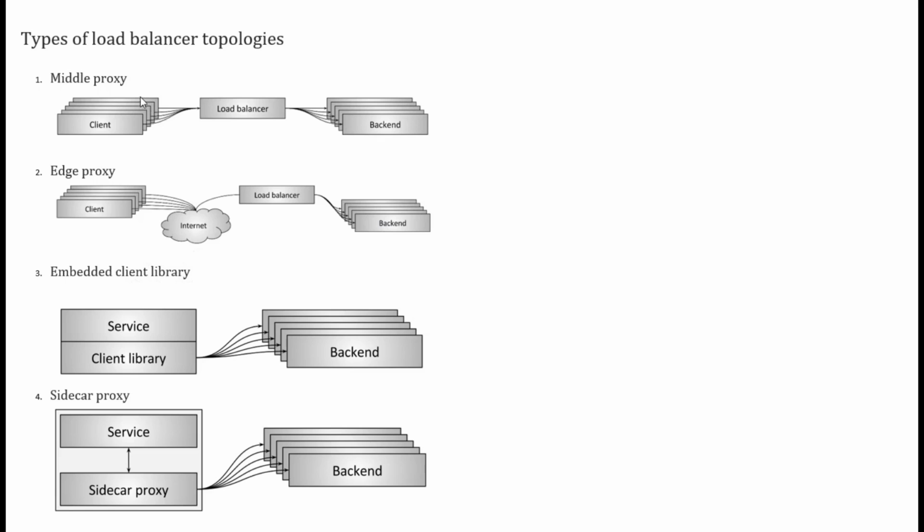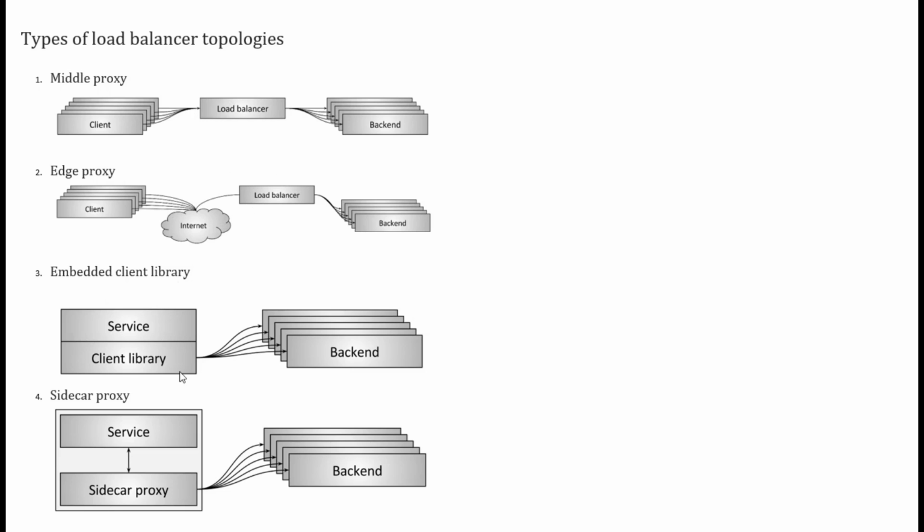So as you have seen in the last two topologies, we are not able to scale this load balancer. If you want to scale, the cost will get higher because it is hardware, and hardware has a high price. So it's not suitable to scale this load balancer. To solve this issue, they came up with the embedded client library.